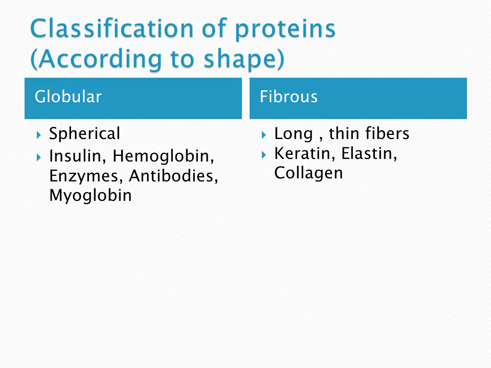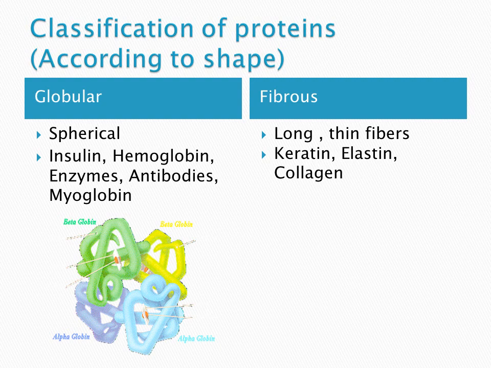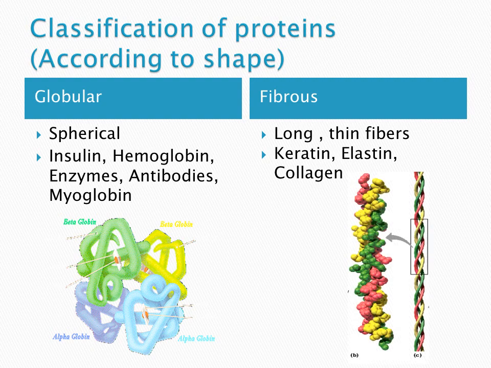Examples of fibrous protein: keratin, elastin, and collagen. Hemoglobin's final shape after folding is globular, so it is known as a globular protein. Keratin's final shape after folding is a long, thin fiber, so it is known as a fibrous protein.